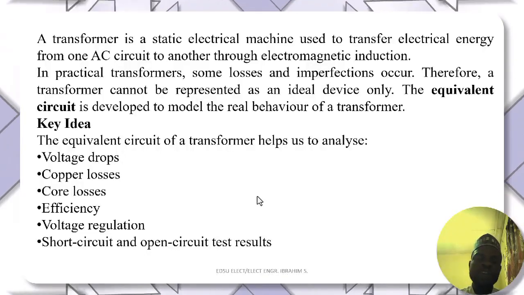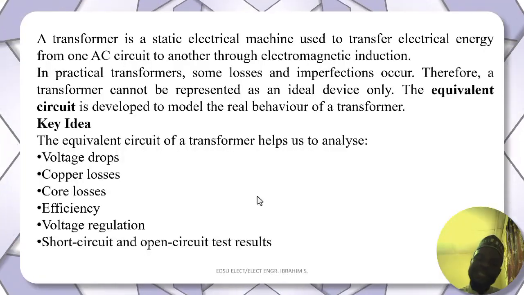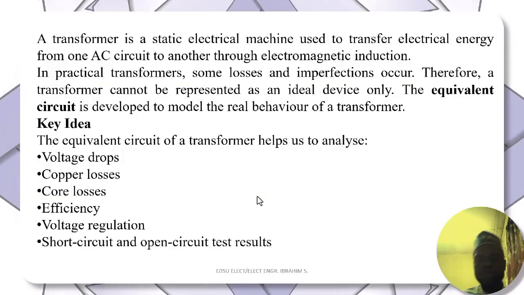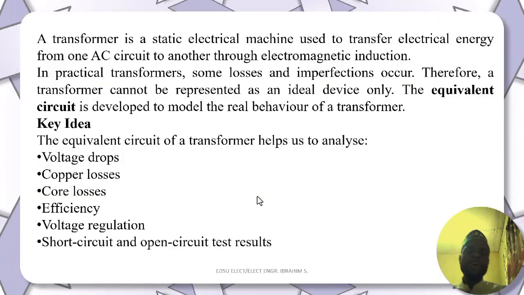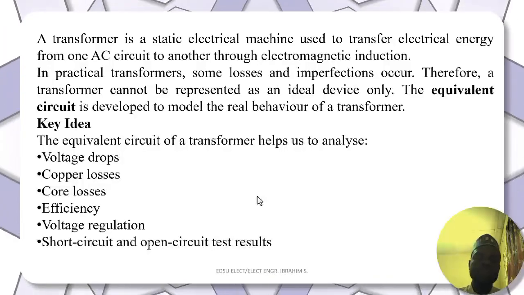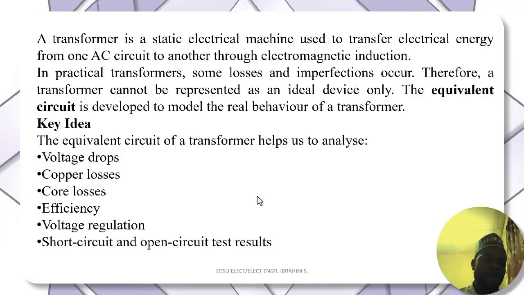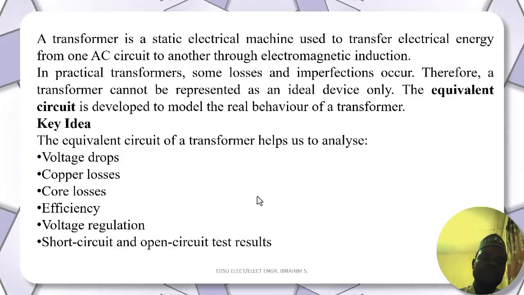Don't forget, we say copper loss is mainly I squared R loss, and this occurs at the primary and also at the secondary side. So if you want to get the total copper loss, you have to sum the copper loss at the primary and at the secondary side.